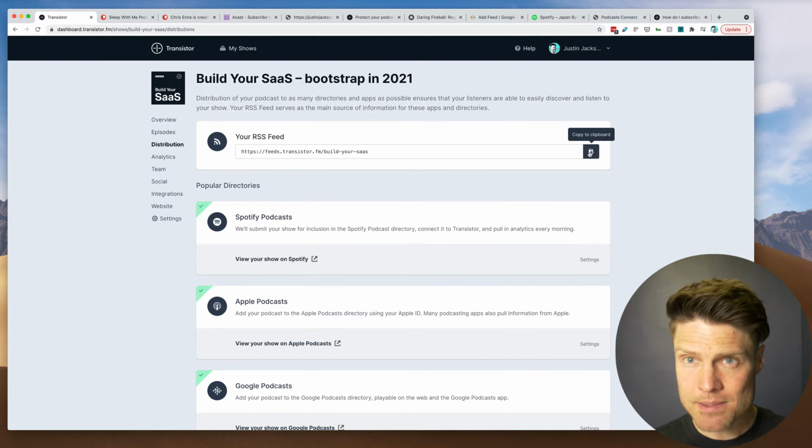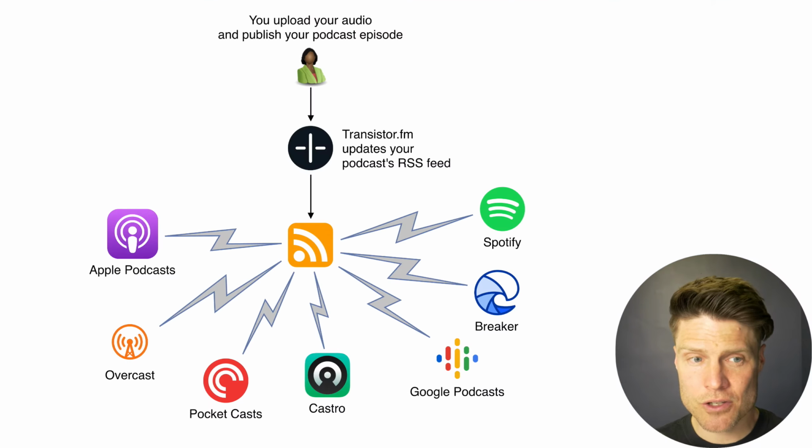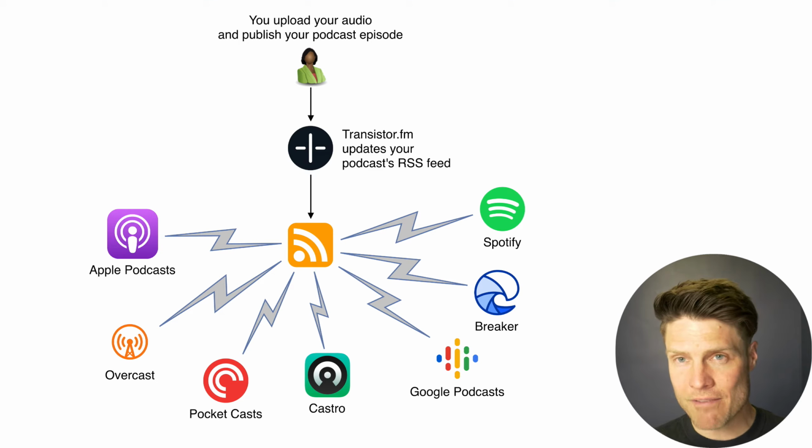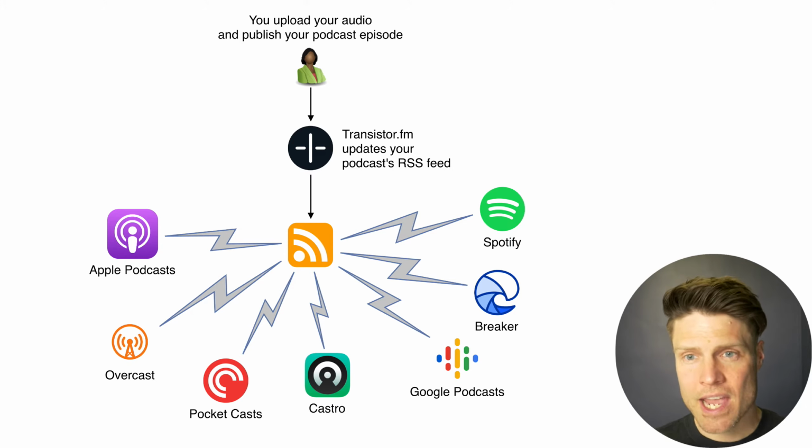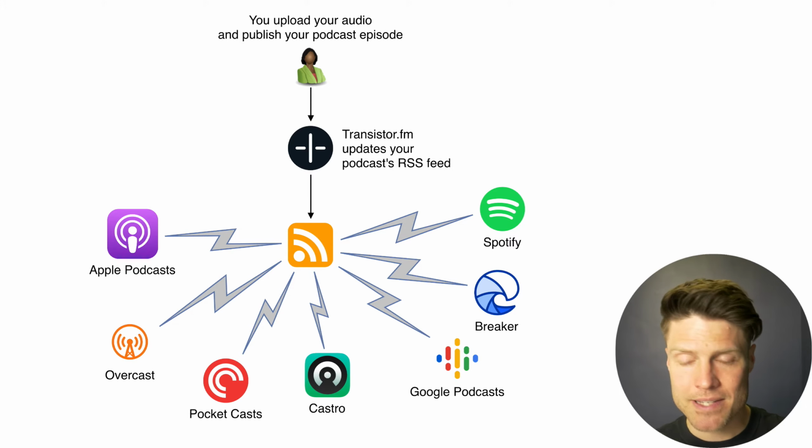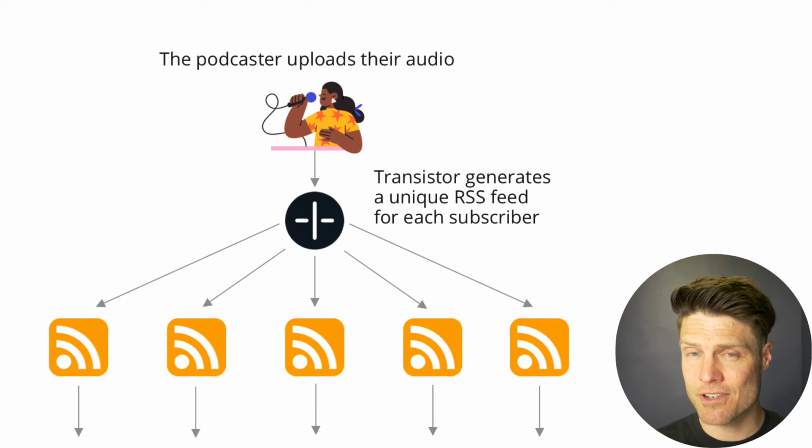Now, these public podcasts still use an RSS feed. All of the platforms are still checking the RSS feed for that public show and updating their directory based on the RSS feed. Private podcasts is different.